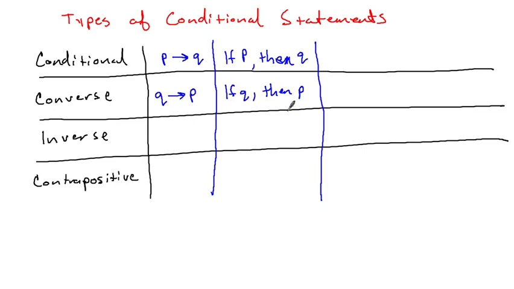If Q, then P. The inverse is the negation of the conditional statement. I'm going to write this small down here because you'll see this word. And we write it like this: not P implies not Q. And so the way we say that is, if it's not P, then it's not Q. And the contrapositive is the negation of the converse.